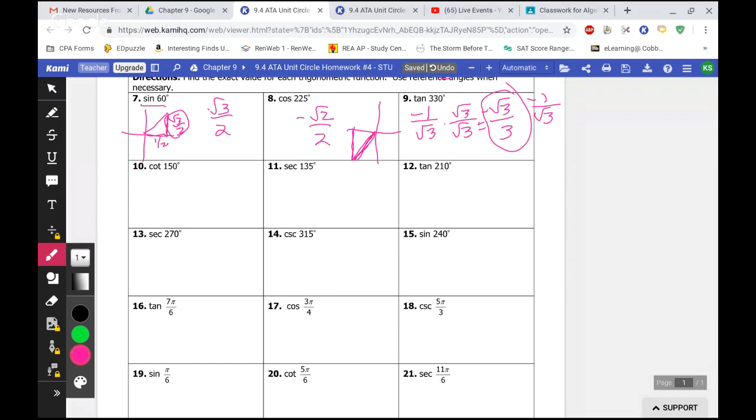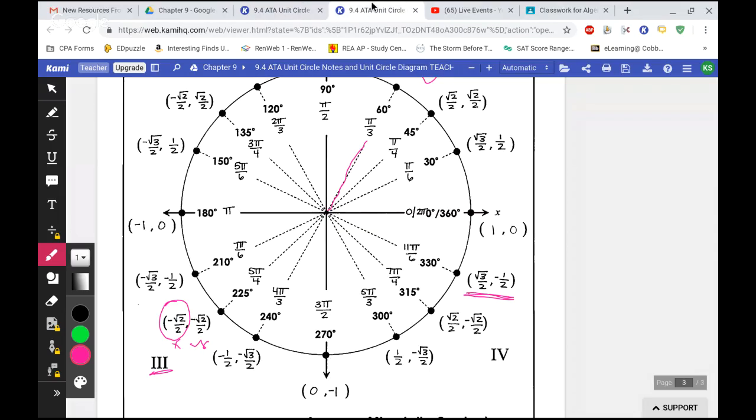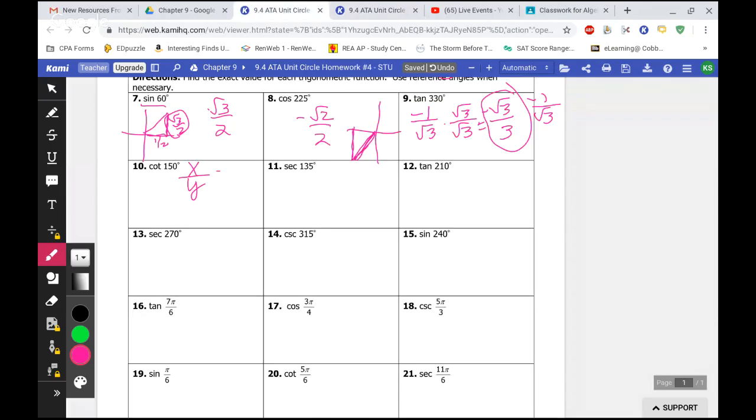Cotangent 150 degrees. Cotangent is the inverse of tangent, so that's going to be x over y instead of y over x. Now I'm going to go over to the unit circle and look for 150. There she is. And instead of y over x, I have x over y. So I'm going to have negative root 3 over 2 all over 1/2.